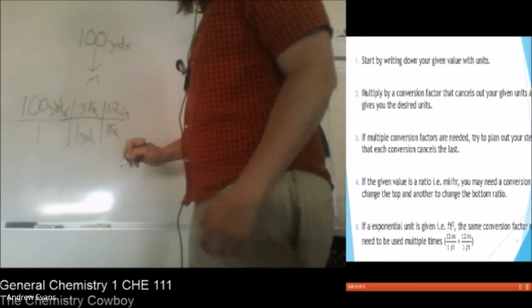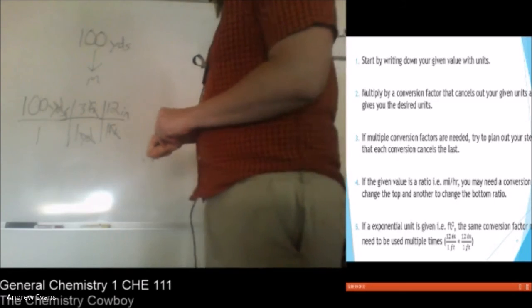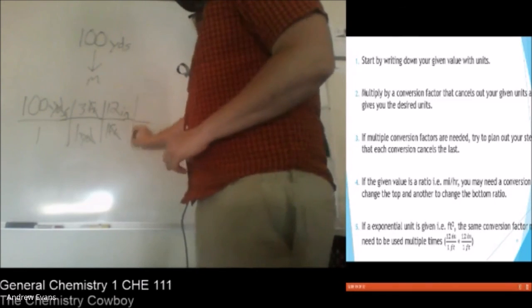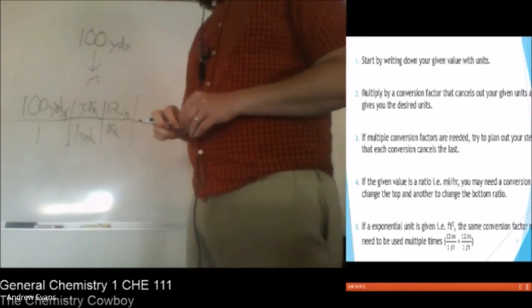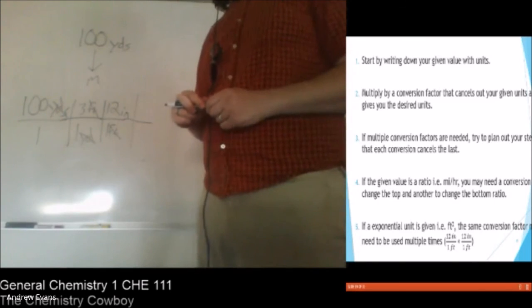In 1 foot, there are 12 inches. Foot on top cancels with foot on bottom. Then, this one is the reason I chose to do it this way, because I remember this conversion.